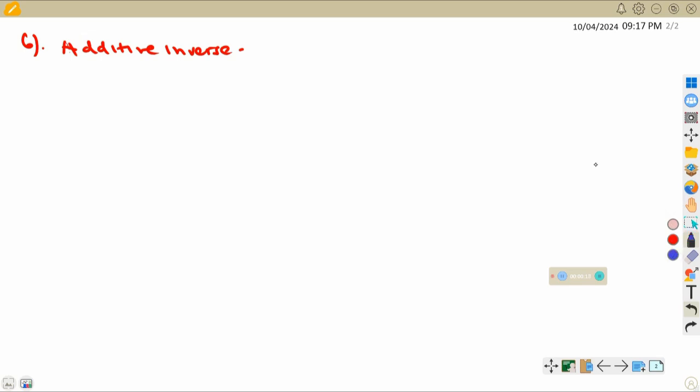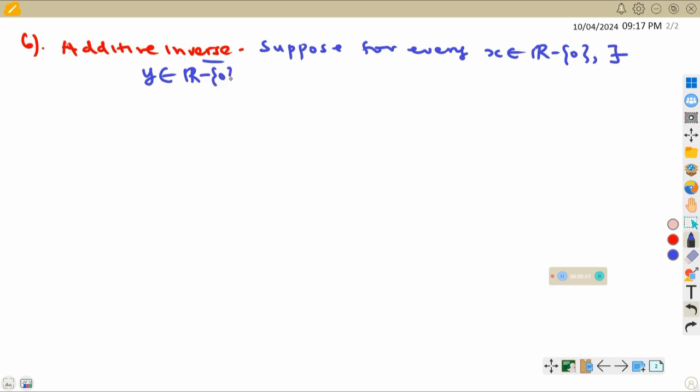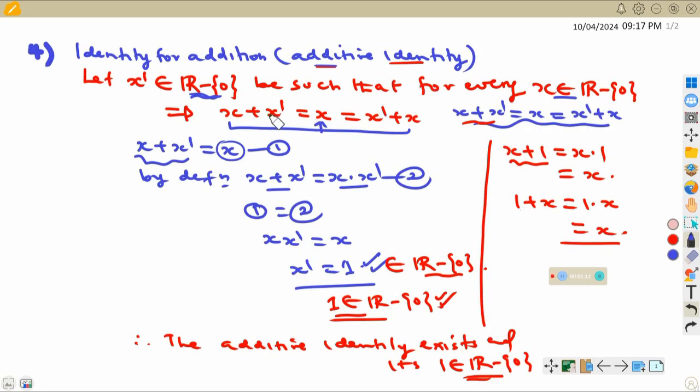From the definition, we know that for the additive inverse, suppose that for every x picked from R minus 0, that is, the set of real numbers excluding 0, there exists an element y from that same set such that, for additive identity, we looked at the case that it should be x plus x prime.